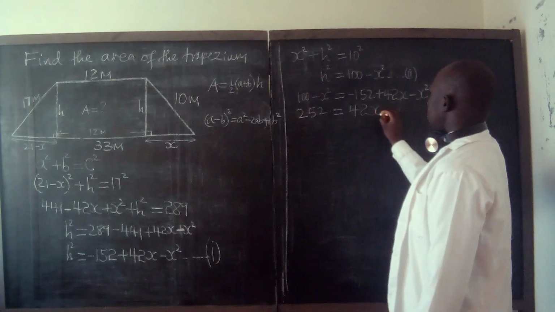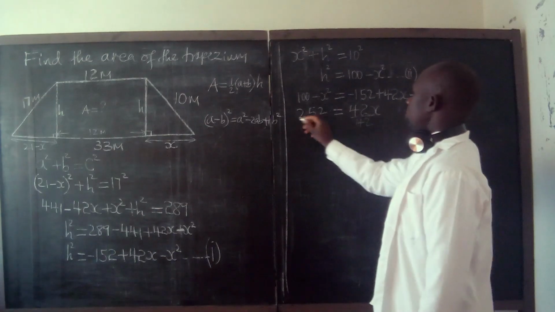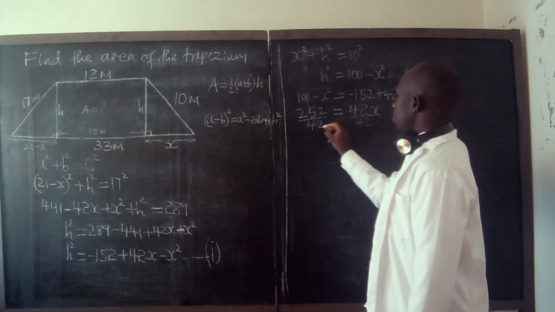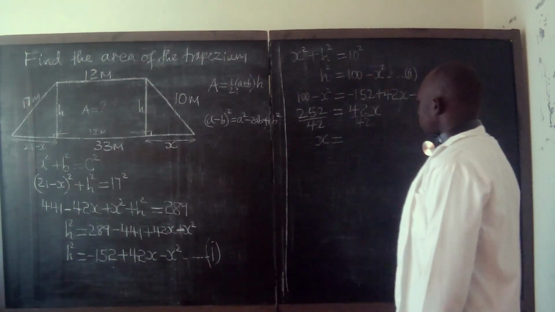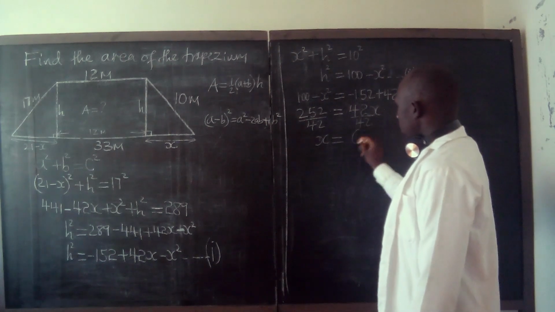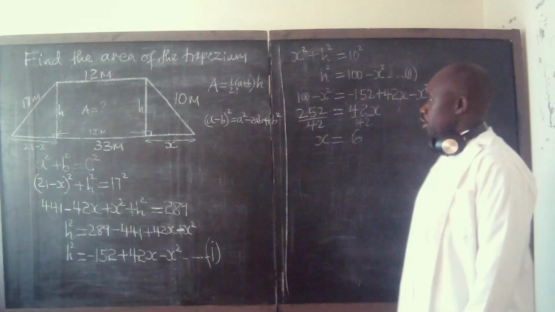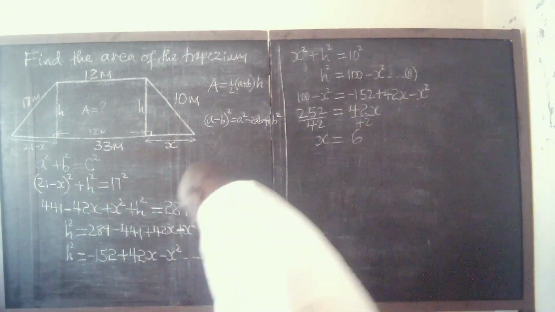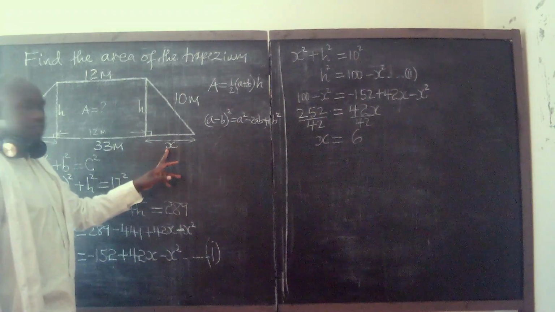Divide both sides by 42, and 42 goes into 252 six times. Therefore, x is 6.